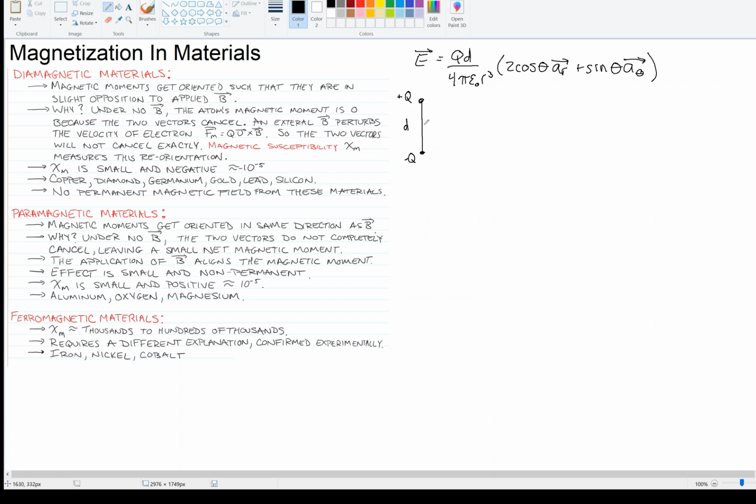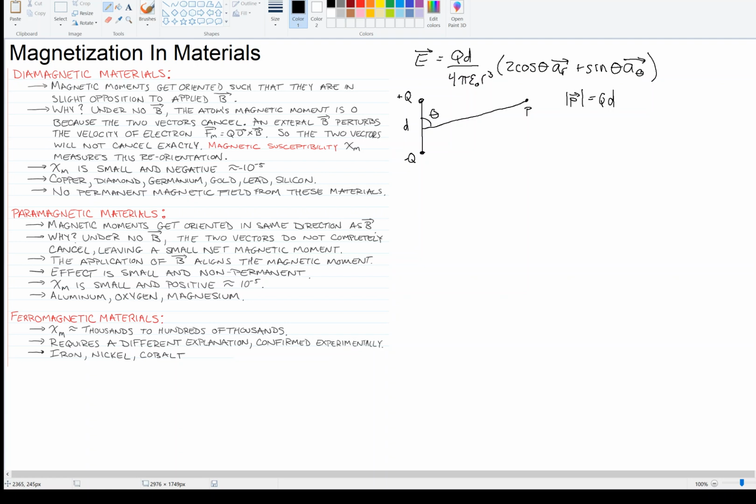Now if we wanted the electric field at a point far away from that dipole, say at point P, then this would be angle theta, and the electric field is given by what I have there. And we called p, which was equal to qd, the dipole moment.